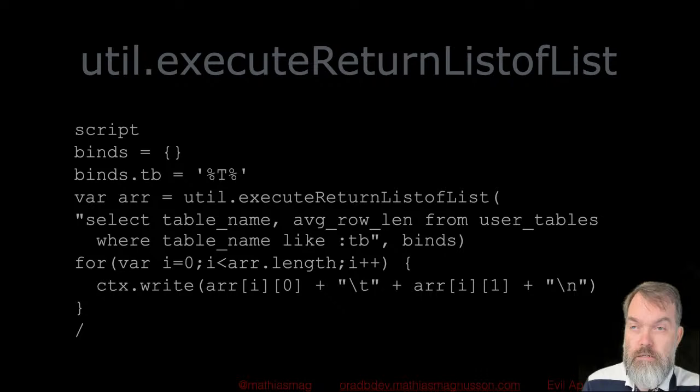And then when it has returned, it's a simple little for loop that steps through each row in the array, and it prints the first and second column. So it's going to print all the tables that were qualified. It's going to print the table name, and it's going to print the average row length.